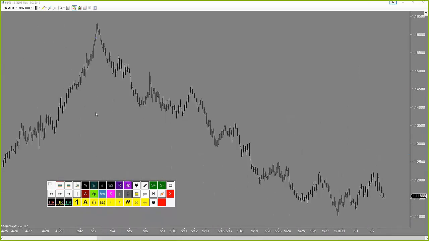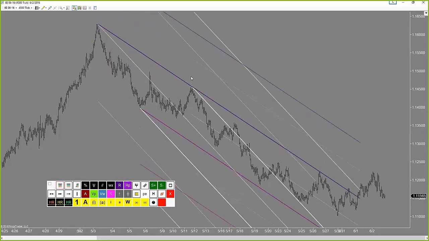We could have simply drawn from the starting point to wave 2. And that would have also given us the end of wave 4 right here.